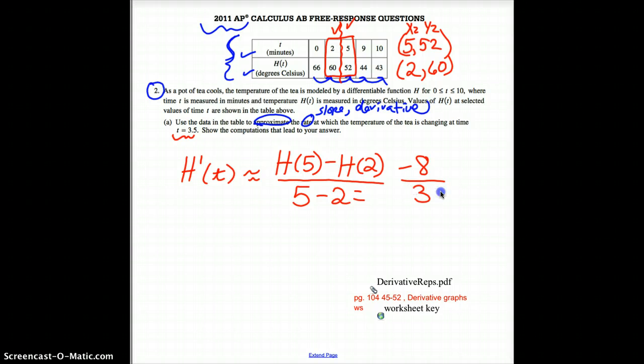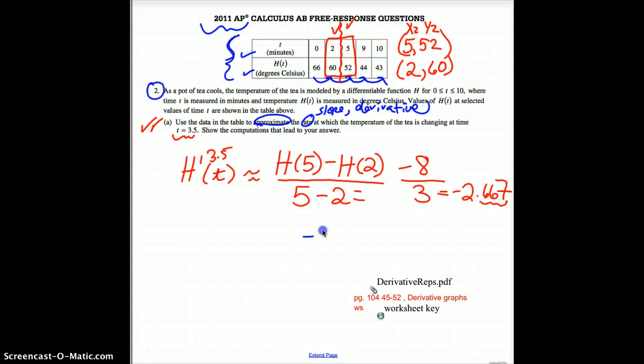So what I get here is a negative 2.667, negative 2 2/3, but we usually do a 3-digit rounding rule on that. If that's all I left, again, I'd lose a point. Although on this one it doesn't say to use correct units, they usually on these word problems want to. So what does that mean? That means that about at 3.5, I'm using my estimate of what happened right next to it, and I'm finding the average rate of change.